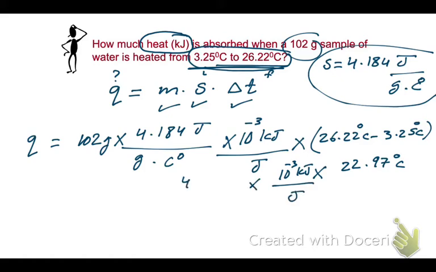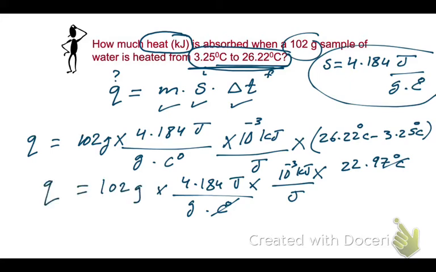4.184 joule for every gram every degree Celsius, and then we also have the 102 grams. So this is what Q is equal to.